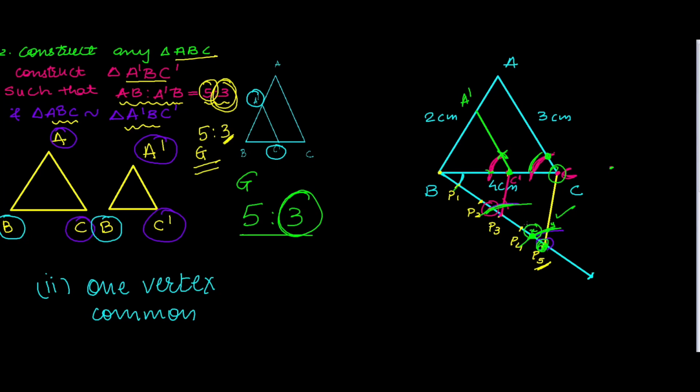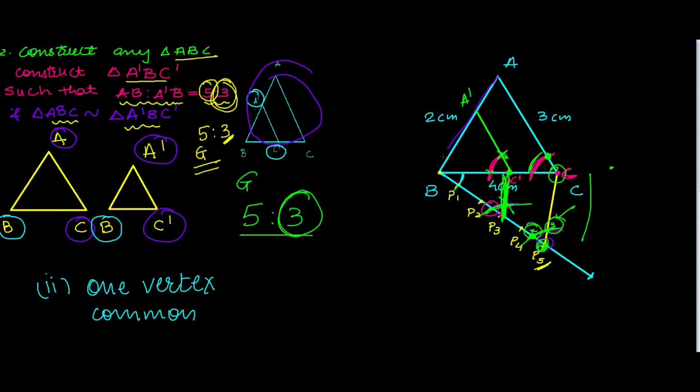Then we will measure X and Y, and with that we will put our rounder on this, then we will draw an arc, and then we will draw a parallel line like this to P5 and C. Now we are going to do the similar construction with this particular point and this point. When we do the same and join, we will get our construction. So what we actually got is our triangle similar to our rough figure, this one.